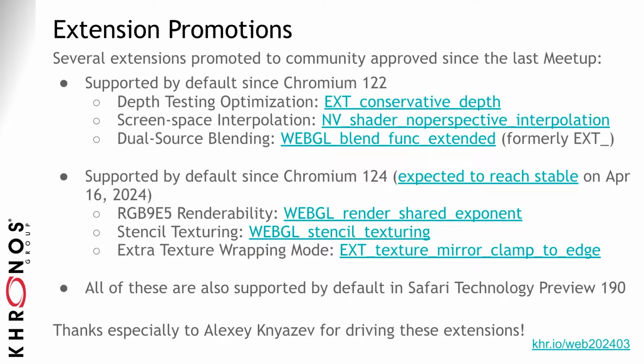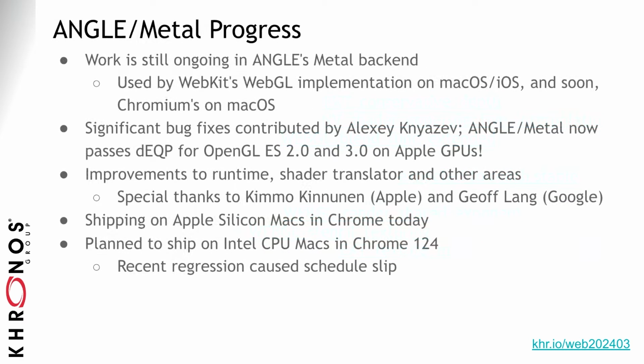And since the release of Chromium 124, which is coming out soon, you've got the ability to render to RGB9E5 textures, the ability to sample from stencil textures, and finally the ability to bounce your texture coordinates back and forth from 0 to 1. These are also in Safari Technology Preview 190, and that's coming out soon-ish, but Apple never talks about that. So anyway, thanks again to Alexey for this.